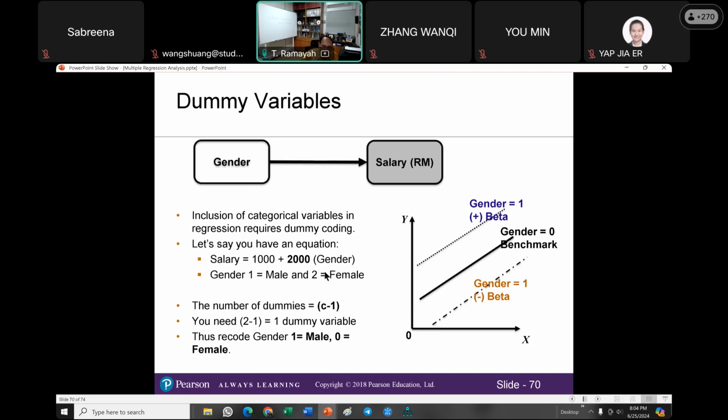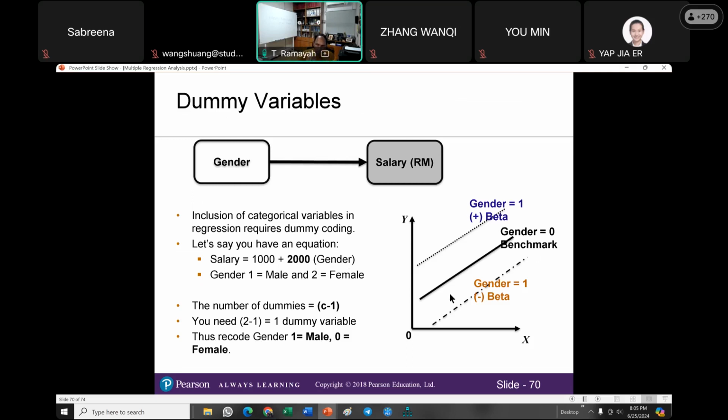So that is why we need to dummy code them into 0 and 1. We will recode gender: 1 equals male and 0 equals female. So what happens to the equation is, for the male, the whole equation applies. For the female, it stops here, because this part here is 0.